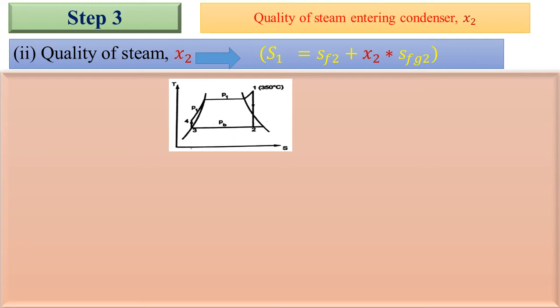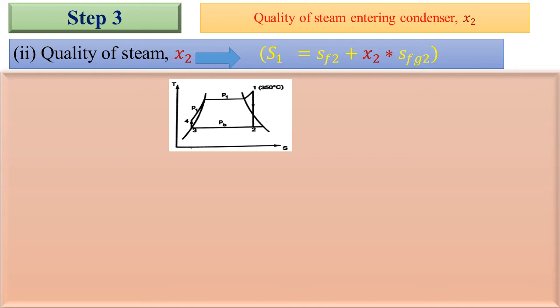Entropy at point 1 is represented by S1, while entropy at point 2 will be S2, but it will be represented in this way: SF2 plus X2 into SFG2, because from the TS diagram we can see point 2 lies in a wet region while point 1 lies in a superheated region. As point 1 lies in a superheated region, we will directly write S1, and we will not consider any liquid content or moisture content.